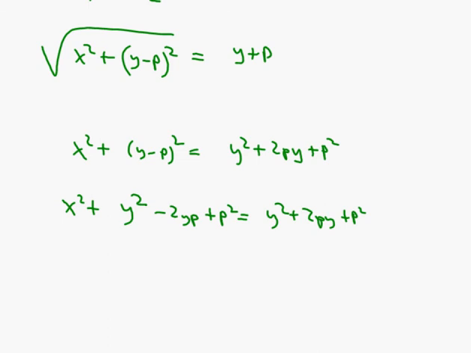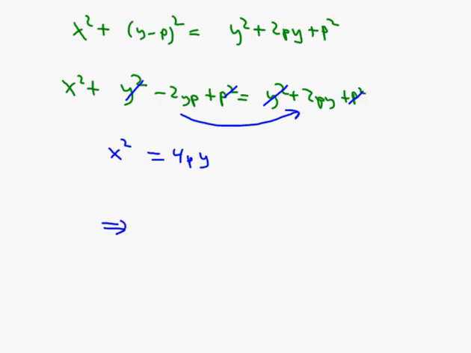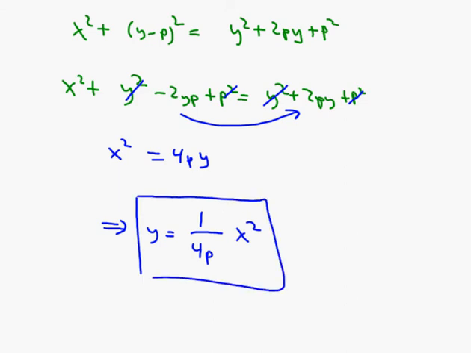Well, the y squareds can go away, the p squareds can go away, and you have x squared equals, bringing this over at the same time, 4py. That tells us that y equals 1 over 4p times x squared. And sure enough, that's a parabola.